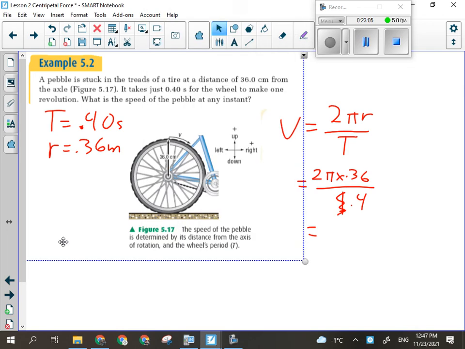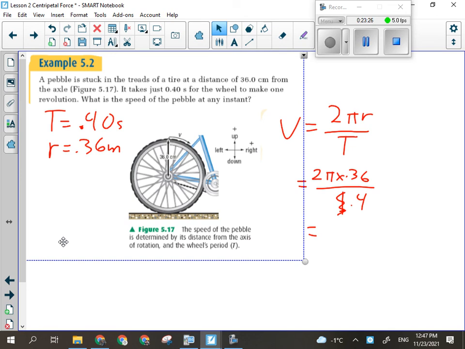Now, as an application question, what's holding the rock in the tire? Yeah, it is friction. When a rock gets jammed in the treads of your tire, you've all seen this, you look at the treads of your tire and see a rock jammed in there. That rock is eventually going to come out.